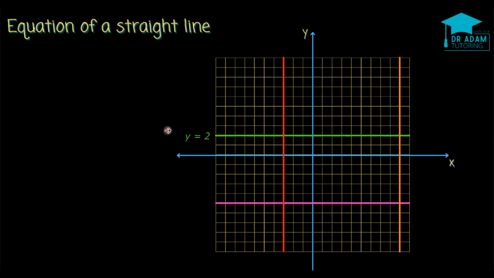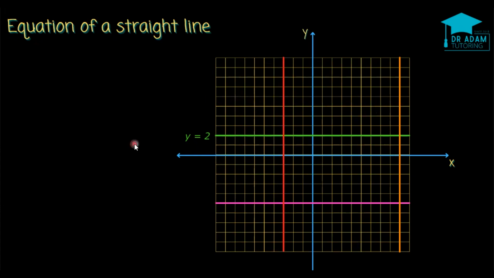Now, given that they are vertical and horizontal, what this implies is that we can describe either variable in terms of just one single constant, depending on how high the horizontal line is, or depending on how far to the left or to the right our vertical line is.